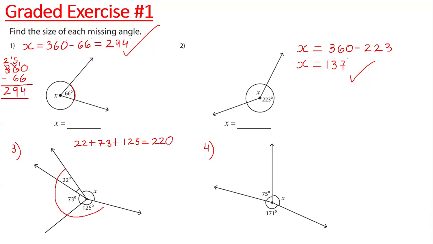And then x is gonna be equal to what? 140. How do you get 140? When you take that away from 360. So 360 minus 220, because angles around a point add up to 360. So we subtract using 360. So that's 140.